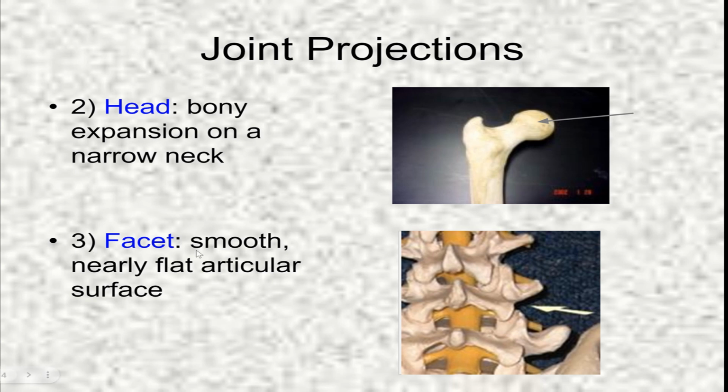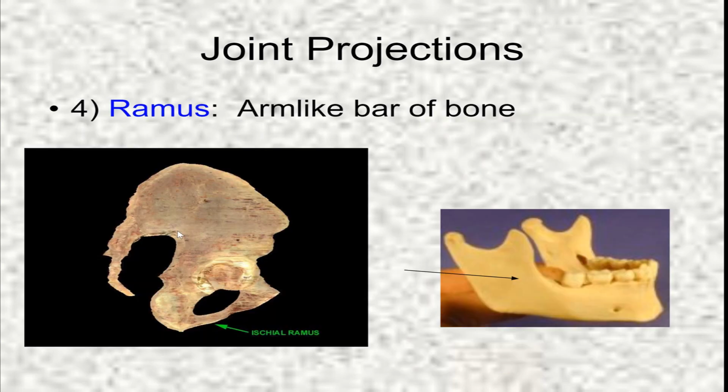Then we have facets. Facets are smooth, flat articular surfaces. So this is what you would see on a vertebrae, where you would have that flat surface that they can articulate against. Then you have the ramus. The ramus is like an arm-like projection where you have the articular surface. And that's going to round out our joint projections.